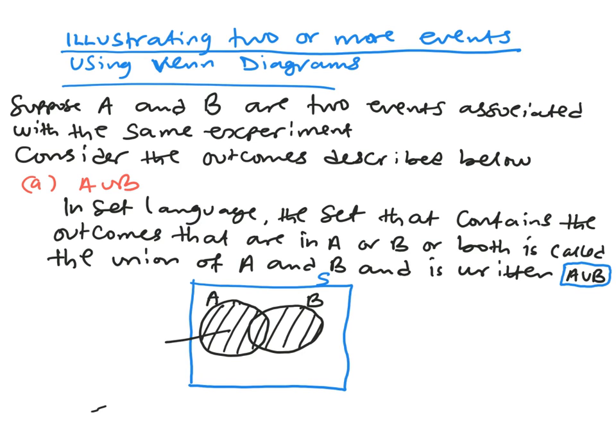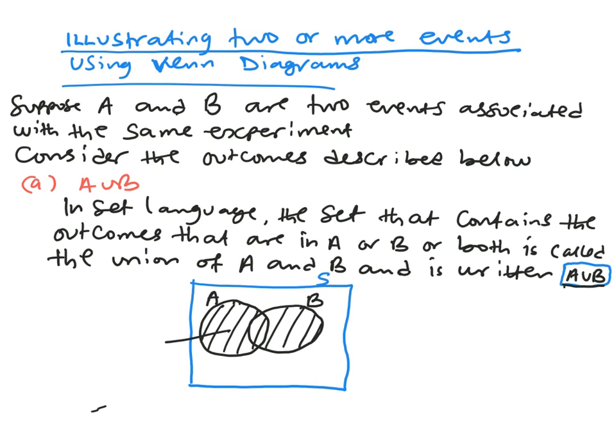In set language, the set that contains the outcomes that are in A or B or both is called the union of A and B, and it is written A union B. You have done this before in sets. We want to bring in the concept of probability in sets. It's just going to be the same thing, but you have to understand what we mean by union of two sets.